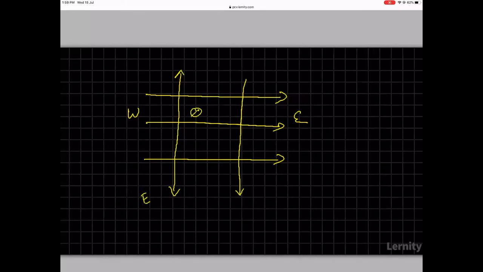Let me assume the magnetic field is into the plane of paper. If I use my right hand rule, I get the thumb pointing in the north direction. But this is an electron, so the force will be in this direction. But you want the force in the opposite direction. So what will you do? You just change the direction of the magnetic field.